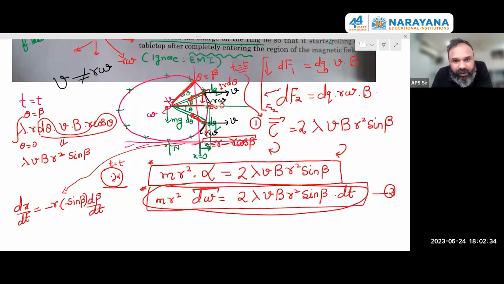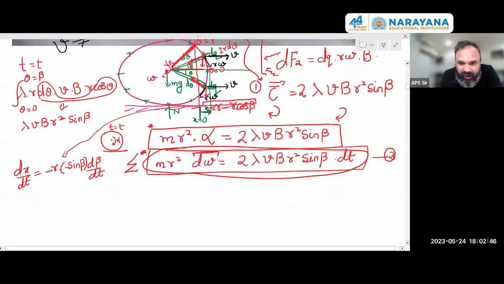And if you add all the possible d omegas, we can write the delta omega term. And we understand that initial omega was 0. So basically my interest is to take sigma of these terms. What I'm saying is, if I take sigma of these terms, my LHS becomes m r square into omega final. What about these terms which I have got in RHS?